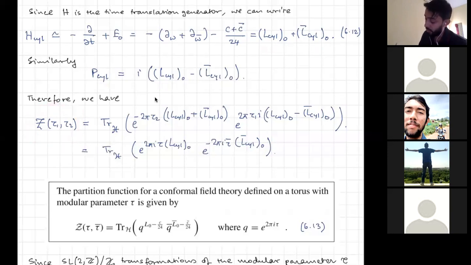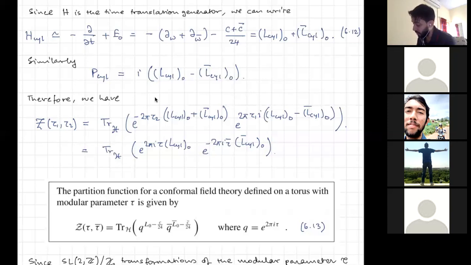So what you do is that you write down Z. Z is now the trace of e to the minus 2 pi tau 2 (L naught plus L naught bar), these are on the cylinder, remember, times e to the plus or minus 2 pi i tau 1 (L naught cylinder minus L naught bar cylinder). Now remember that the modes on the cylinder will be moved around a little bit.